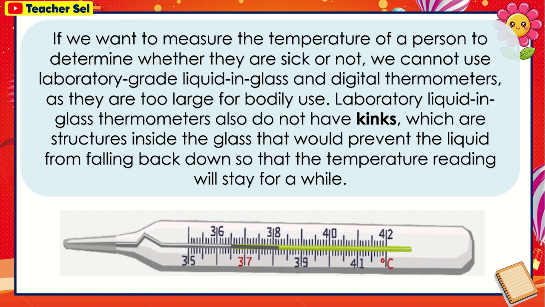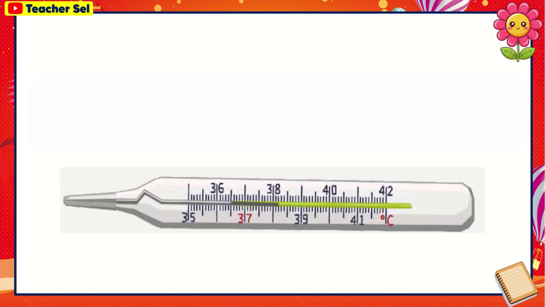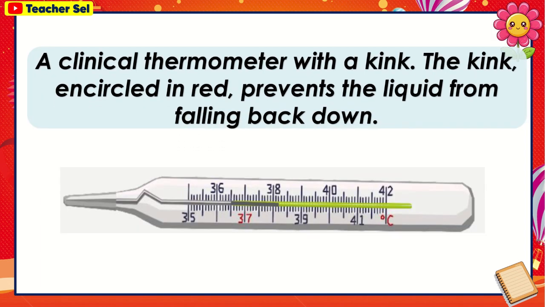Laboratory liquid in glass thermometers also do not have kinks, which are structures inside the glass that would prevent the liquid from falling back down so that the temperature reading will stay for a while. A clinical thermometer with a kink, the kink encircled in red, prevents the liquid from falling back down.